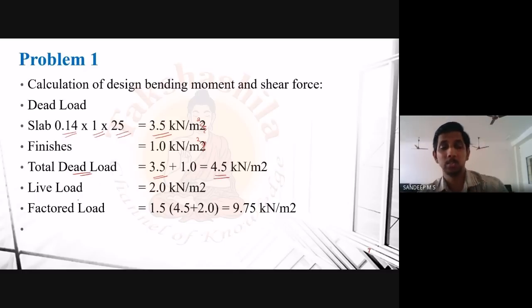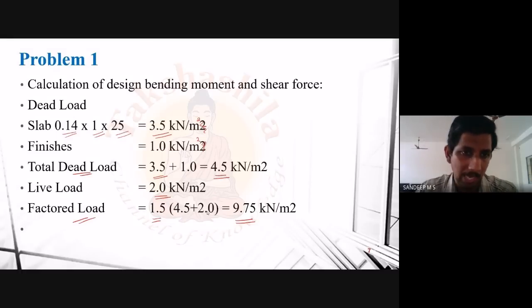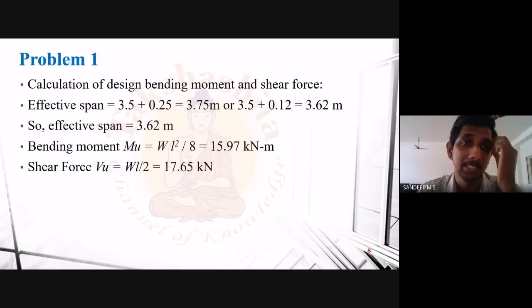We have already assumed a live load of 2 kilonewton per meter square. Therefore the total factored load will be equal to 1.5 times 4.5 plus 2, which comes around 9.75 kilonewton per meter square. This is the total load that we can expect in our slab, and that is the factored load.